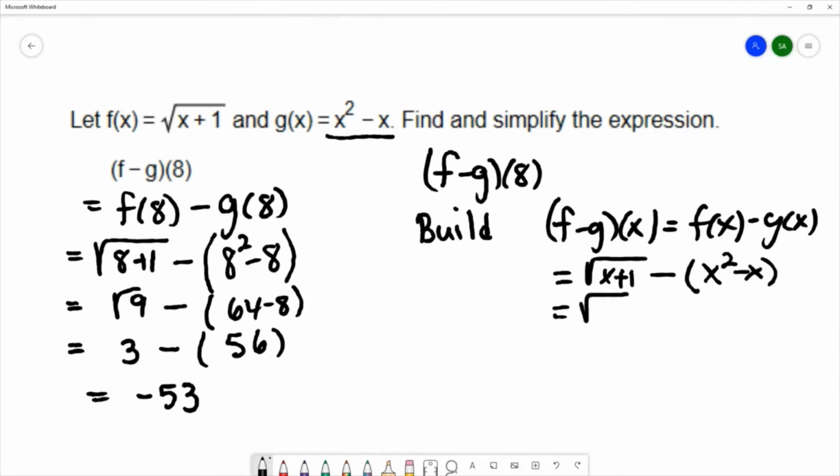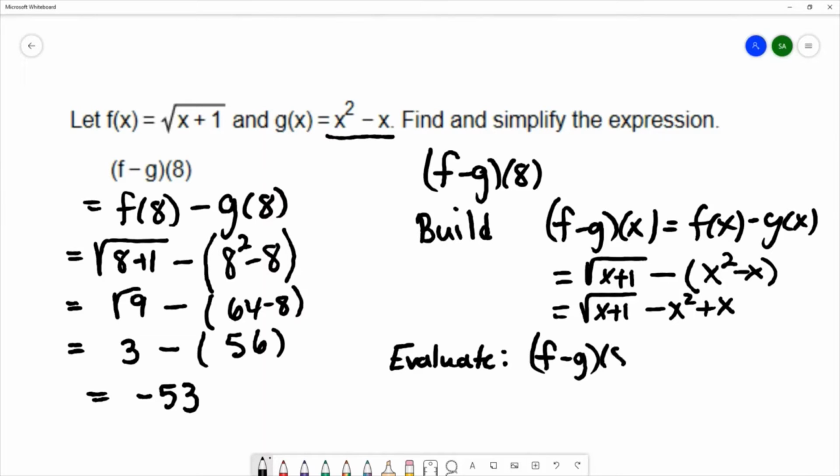That's square root of x plus 1 minus x squared plus x. And so we've found the function f minus g, and then you would evaluate by substituting 8 into that function. F minus g of 8. That's square root of 8 plus 1 minus 8 squared plus 8.